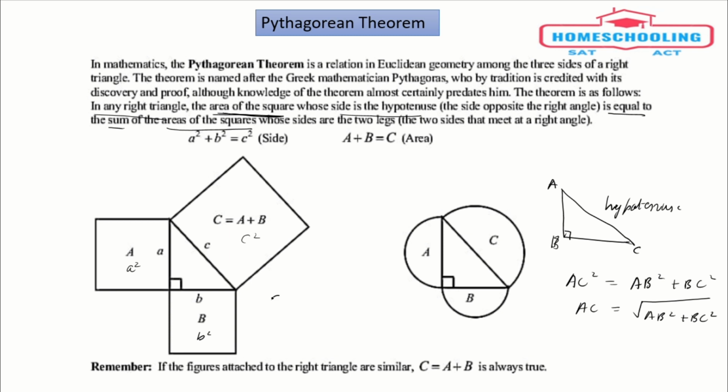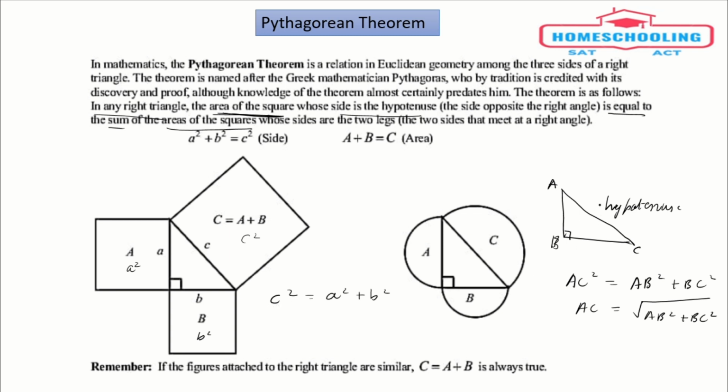So this would be C square, that is, the area of this square would be equal to the sum of the areas of the other two squares. That would be A square plus B square. So this is your correct representation of the Pythagoras theorem. Even when I went to college, one of my friends taught me during my engineering days.